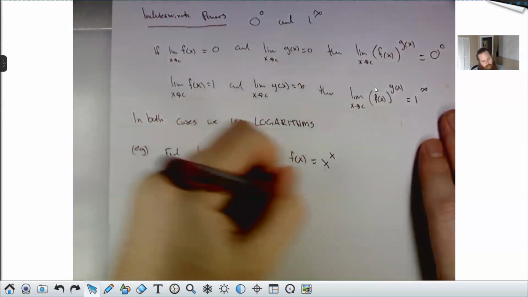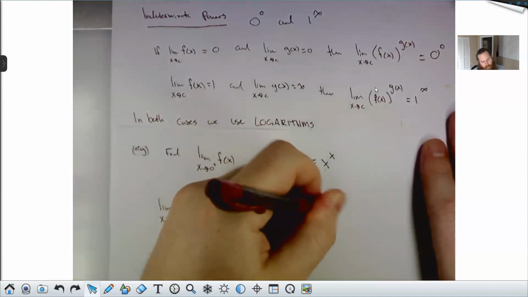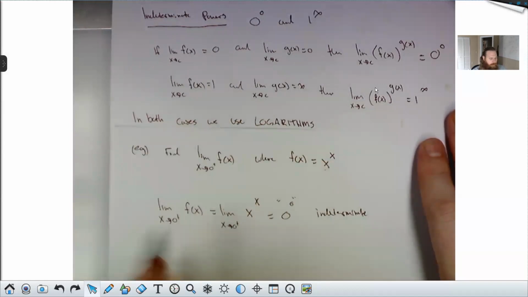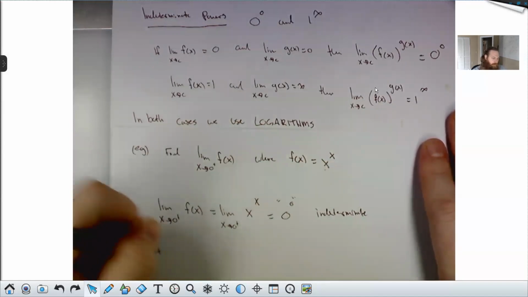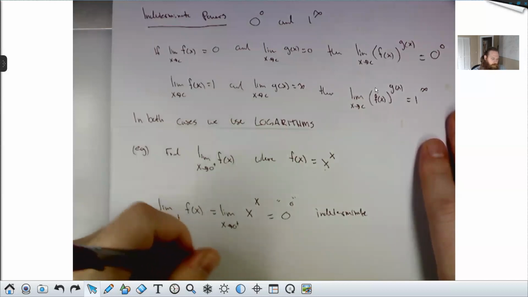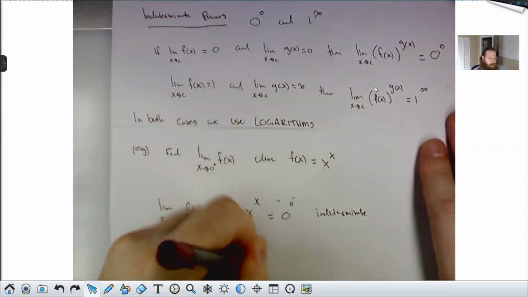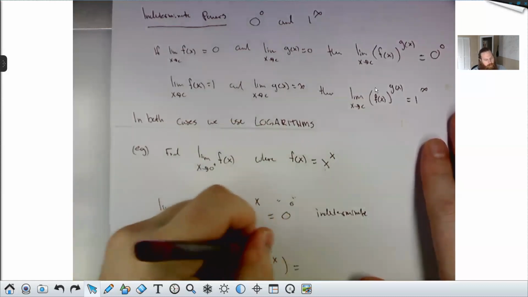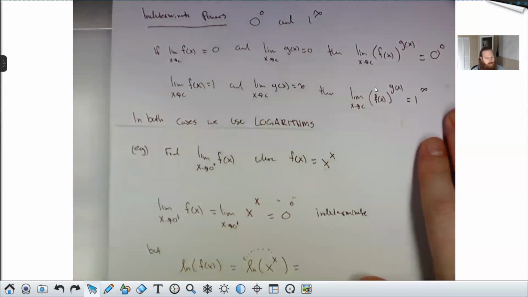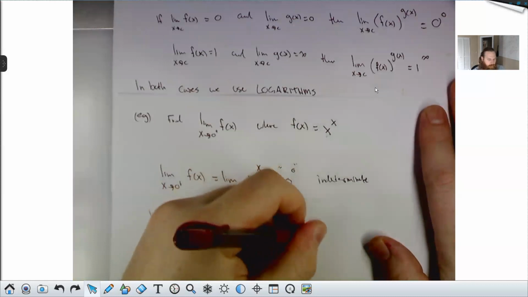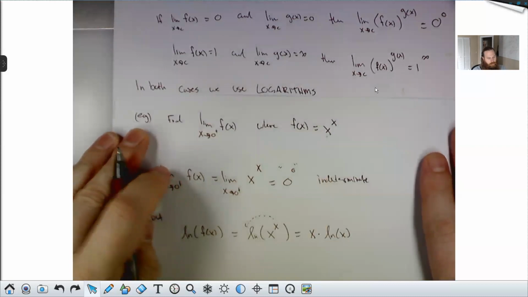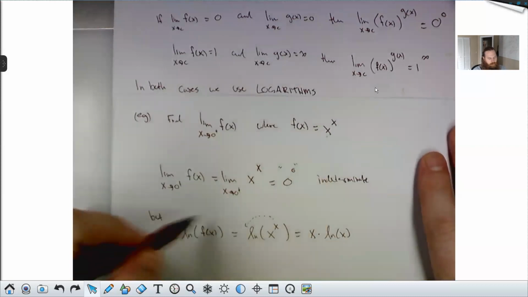This is 0 to the 0, which is indeterminate. So instead, I'm going to take the natural log. The natural log of my function here is the natural log of x to the x. And using that property of natural logs, that powers can come down out front, this is x times ln x. So now rather than taking the limit of the original function, I take the limit of the log of my function.